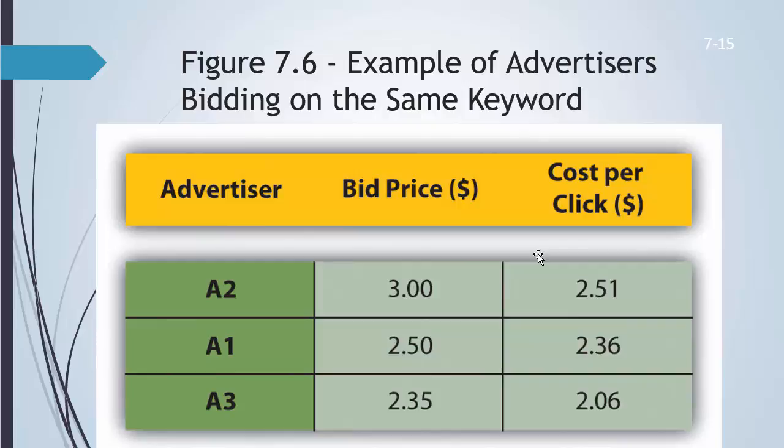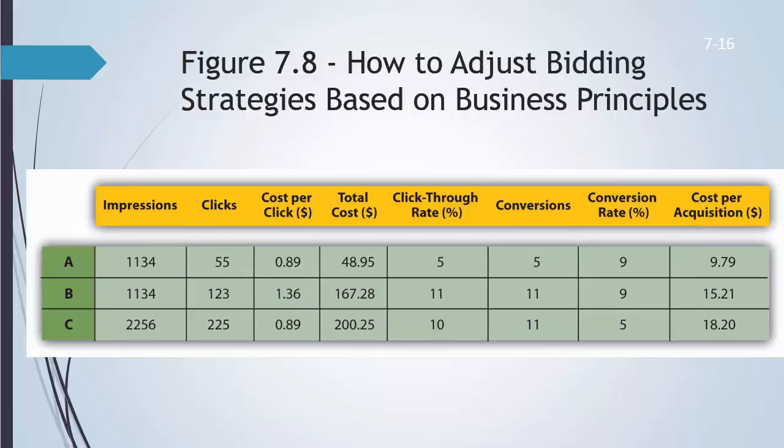Okay, in this example, we've got a couple of different strategies based on business principles. On the first bid, A here, they're bidding on a phrase match. Bidder B is bidding on the same keyword with a phrase match, but is bidding for a higher position, so they're paying a little bit more.